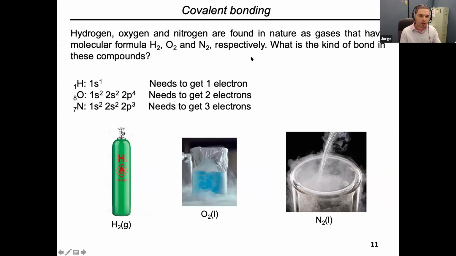So if we look at hydrogen, oxygen, and nitrogen, all of them need to get electrons to achieve stability. How is that possible that two elements that need to get electrons to achieve stability can bond to form a stable compound? So let's start with the hydrogen.